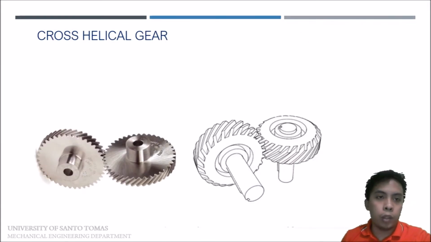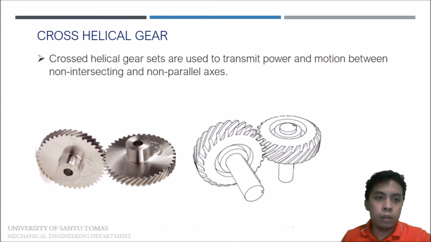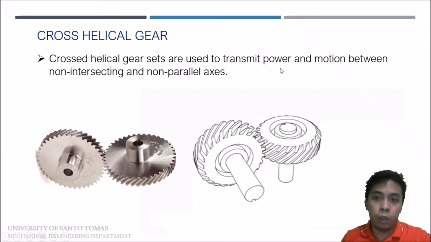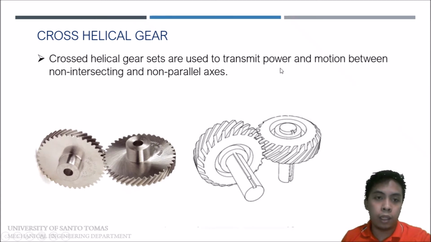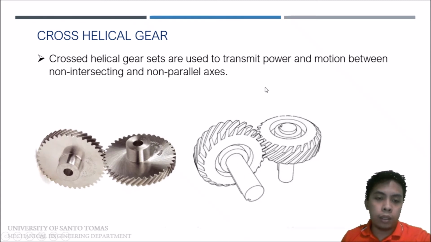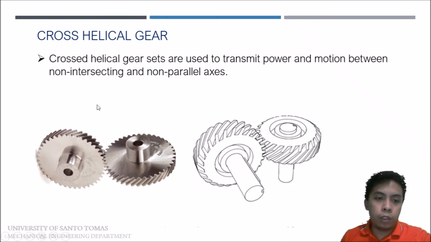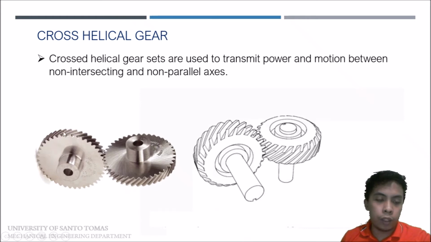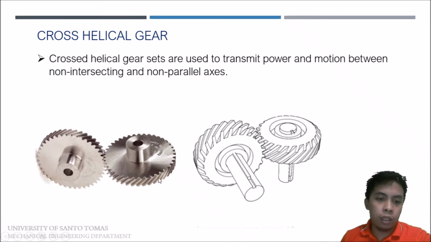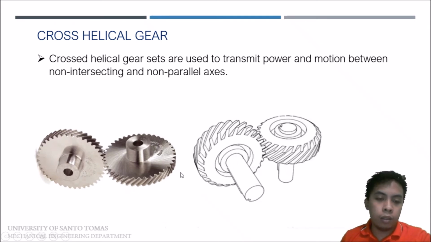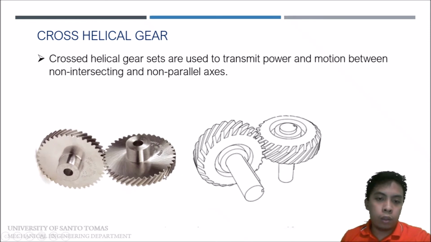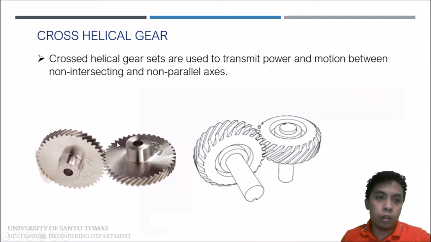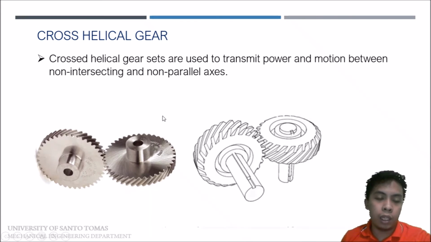Next, let's talk about cross-helical gear. Cross-helical gear sets are used to transmit power and motion between non-intersecting and non-parallel axes. It is a type of helical gear because, remember, our definition of helical gear is that the tooth is slanted. So basically, the tooth construction of the cross helical gear is the same as the helical gear.